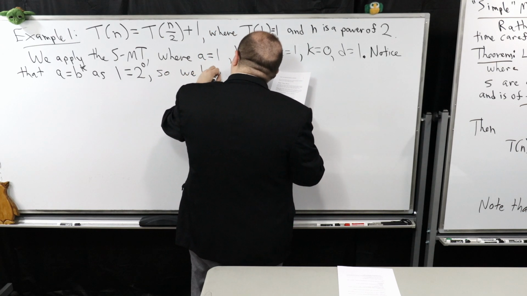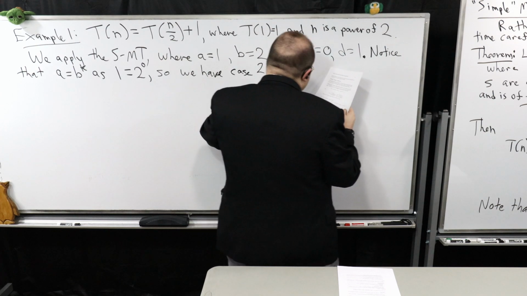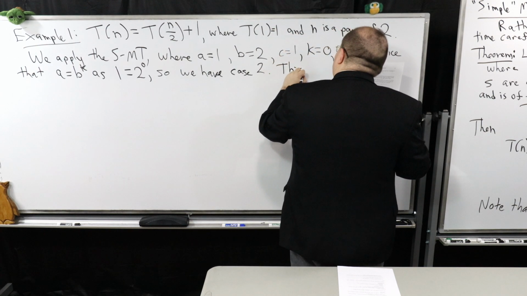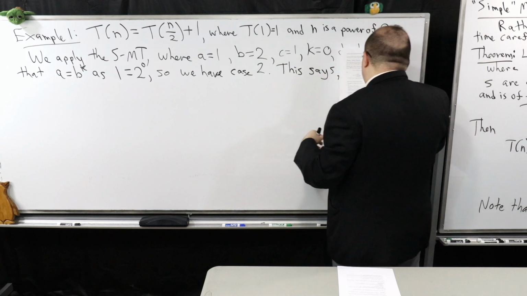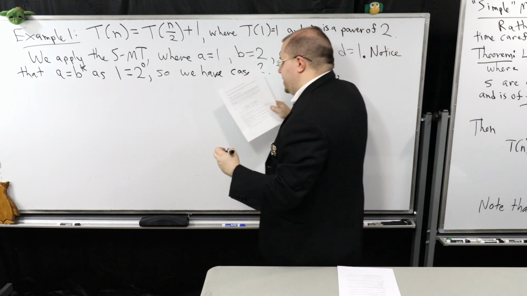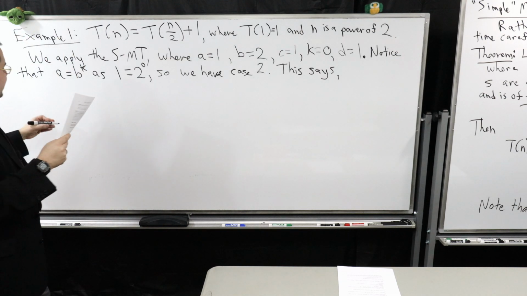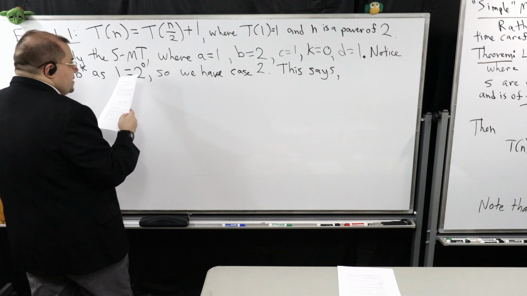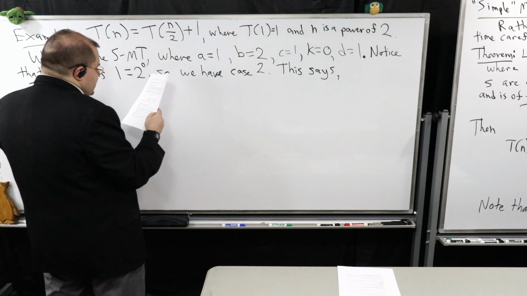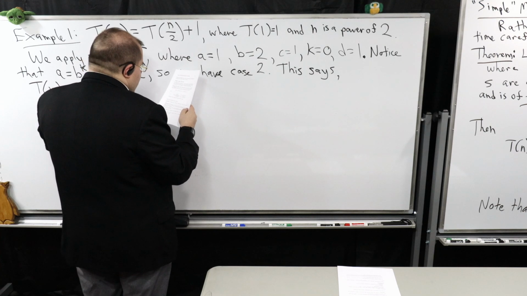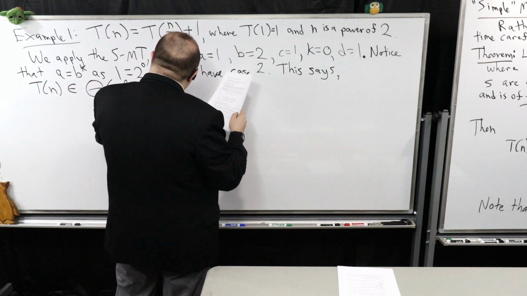So we have case 2. This says the following. I'm just going to plug in what the second case is, and then I'm going to simplify. This says T is big theta of n to the power of 0 times log base 2 of n.